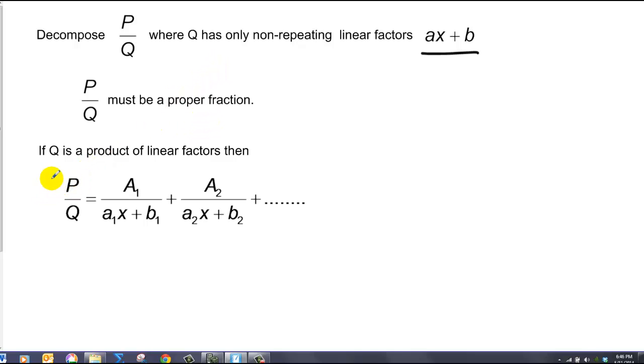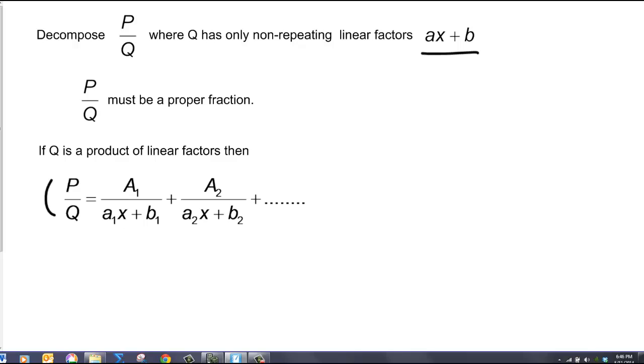If I split this fraction up, it's going to split up into the sum of a constant a sub 1 over a specific linear plus another constant a sub 2 over a different linear function, for as many factors of q as there are.